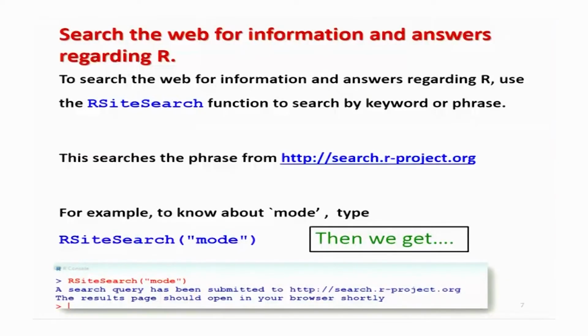The next command is for when I want to search some information on the web. One option is that you can go to any search engine and type the question there, but within R also we have a provision. In order to search the web for information and get answers regarding R, we can use the command RSiteSearch. You have to be very careful when you read this command.